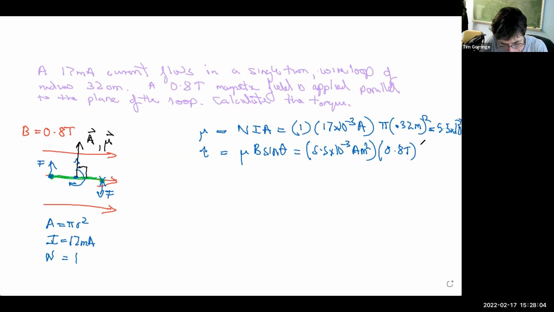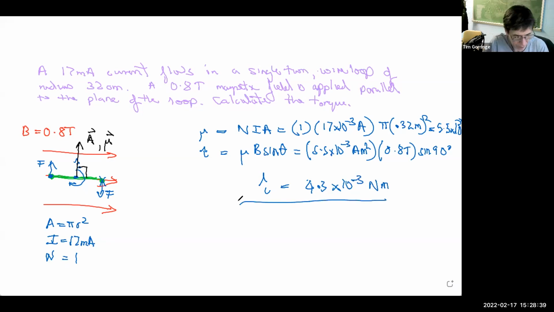And we've been given the orientation: there's 90 degrees between the direction of the magnetic field and the direction of the magnetic moment. Multiplying these quantities together, I got the torque, which was 4.3 times 10 to the minus 3, and the units of torque are Newton meters. And so that's the answer to this question.